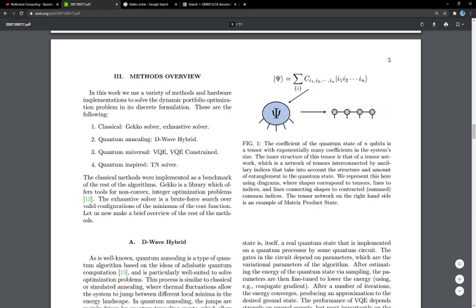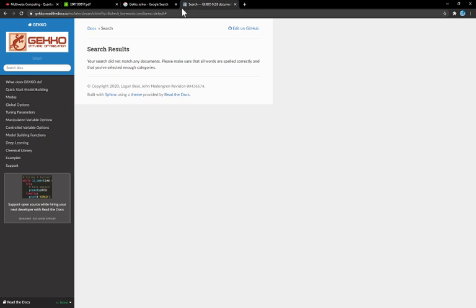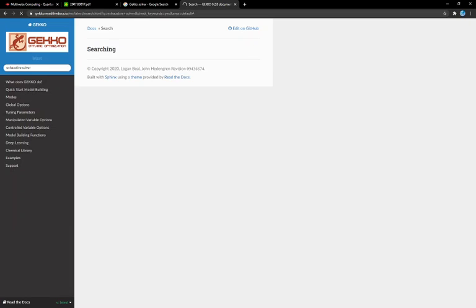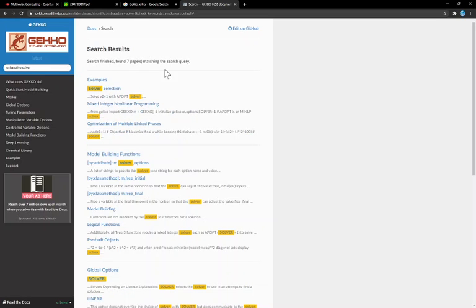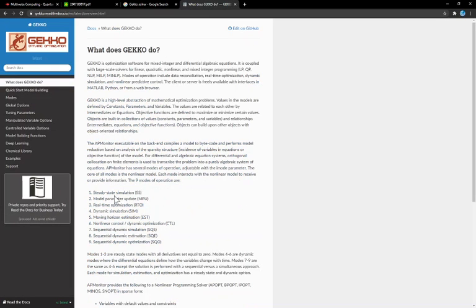Have they done the Gecko solver, the exhaustive solver? Or is the exhaustive solver another thing? What does Gecko do? Real-time optimization, dynamic optimization.